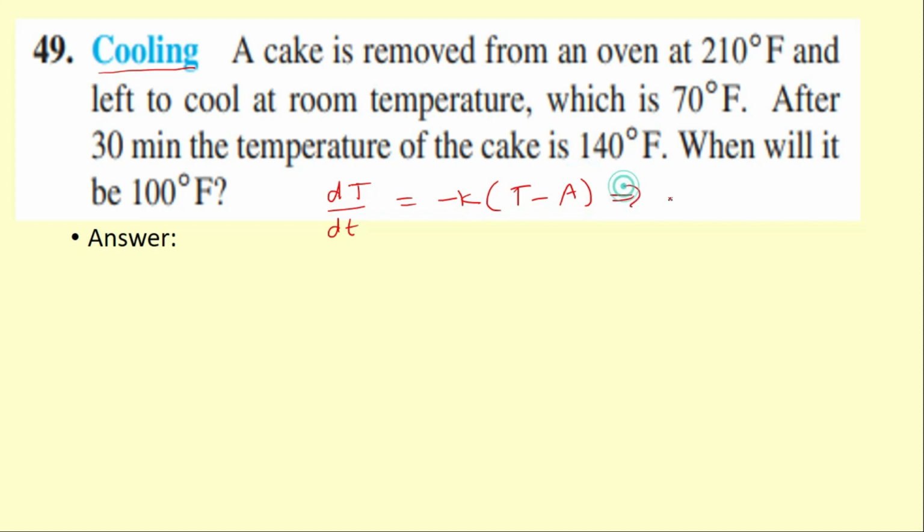So the solution will be T minus A is equal to T0 minus A e power minus kt, and we want the T. A is fixed. T is the temperature of the body at time t. A is the room temperature or atmosphere temperature, we can call it temperature of the medium.